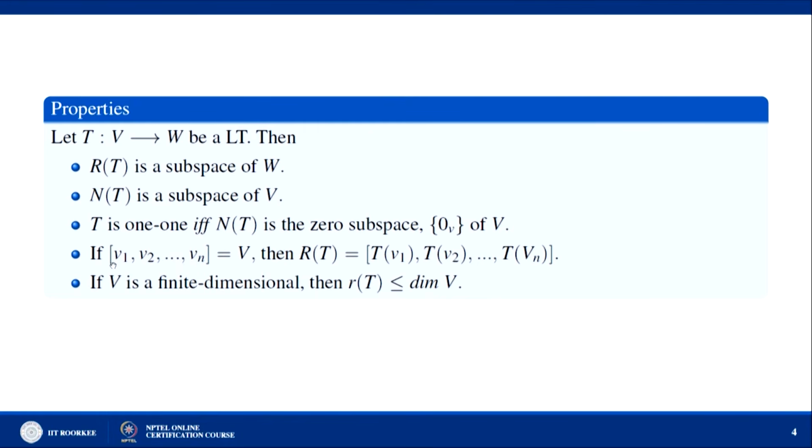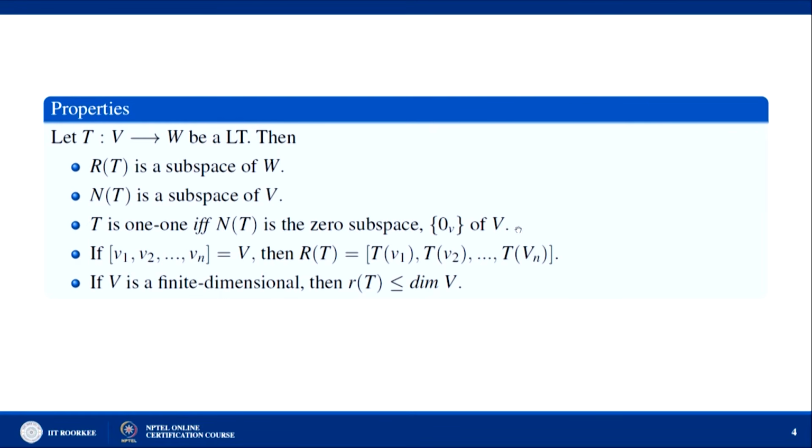So, if these vectors are linearly independent and their span is equal to V, that means V is n-dimensional. And from this result we know that R(T) is equal to the span of T of the vi's, but T of the vi's may not be linearly independent.